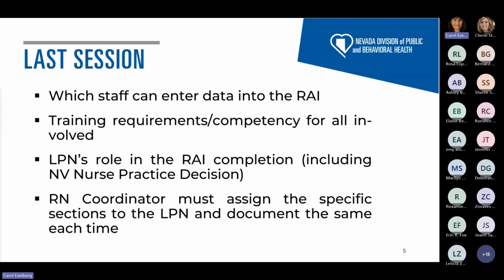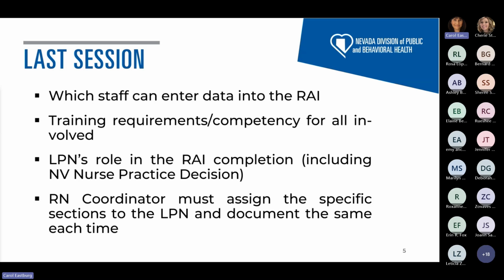Because of the frequent changes that are regularly made to the RAI, trainings and competency evaluations should be done as needed. And we emphasized the requirement for the RN coordinator to make the assignment and document that each time.